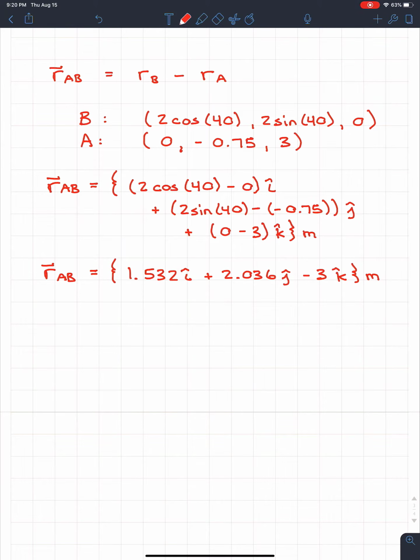So remember I said that even though we have the position vector, we're also going to need its magnitude. So if we're going for the magnitude of RAB, all we're going to do is just square all of its components.